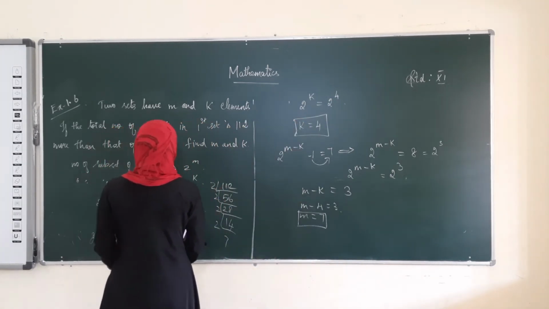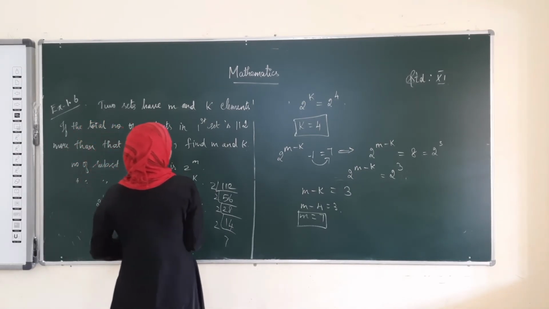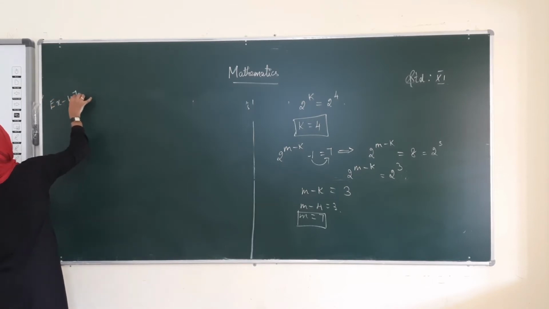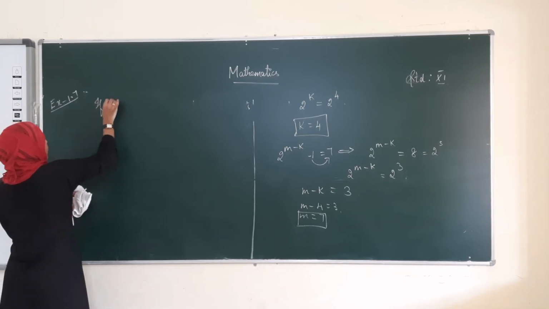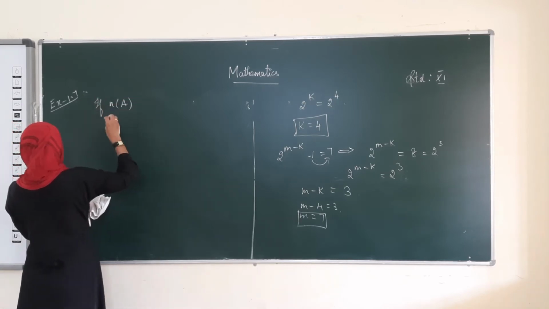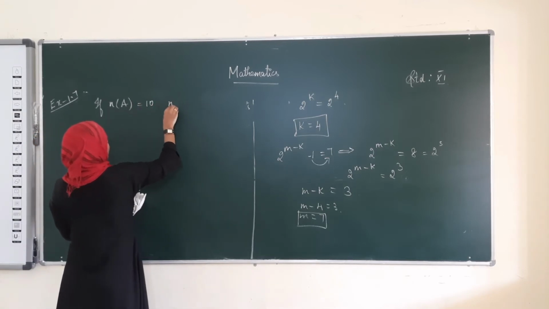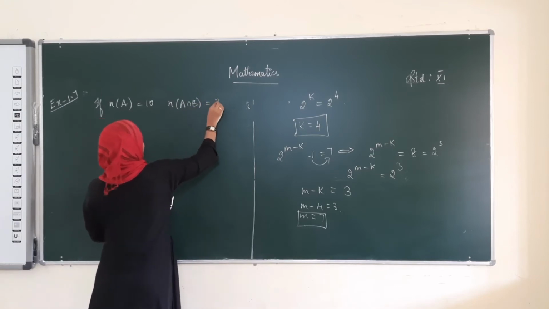Now we are moving on to the next example, that is example number 1.7. What they have given: n of A is equal to 10 and n of A intersection B is equal to 3.